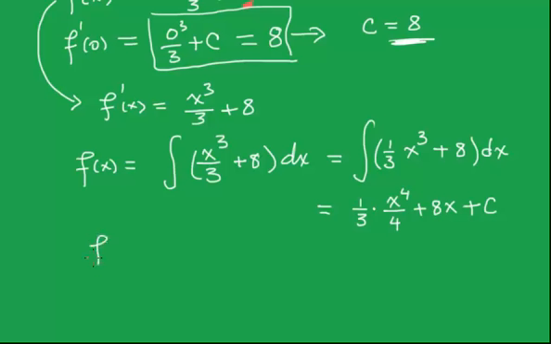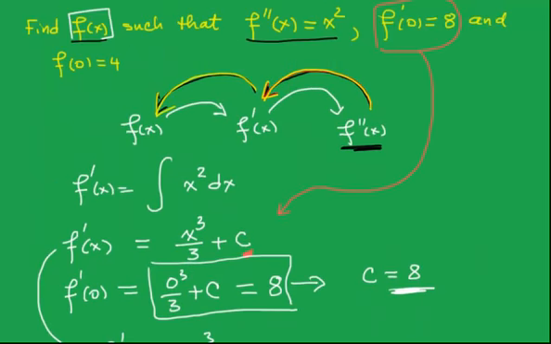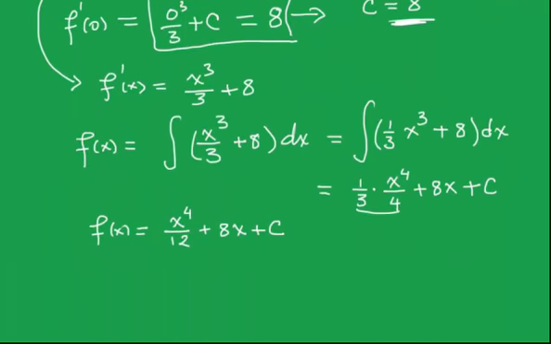So when we simplify, we get f of x is equal to 1/3 times x to the power 4 over 4, which is x to the power 4 divided by 12 plus 8x plus c. However, if you look at the statement of the problem up here, we're given that f of 0 is 4. F of 0 is 4, and we have f of x here.